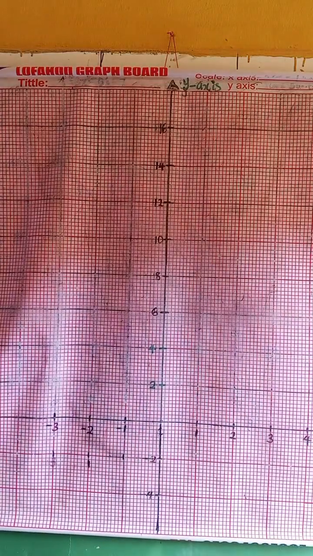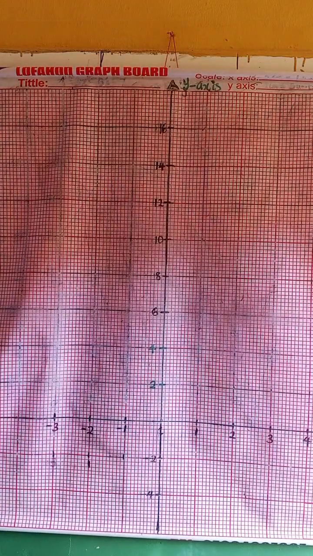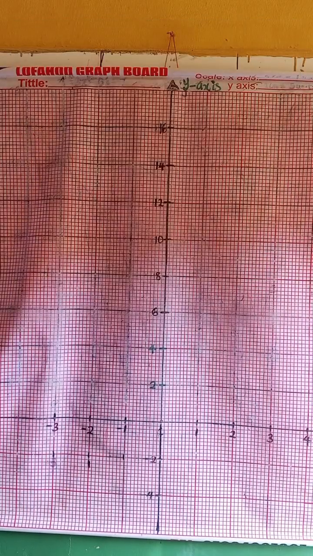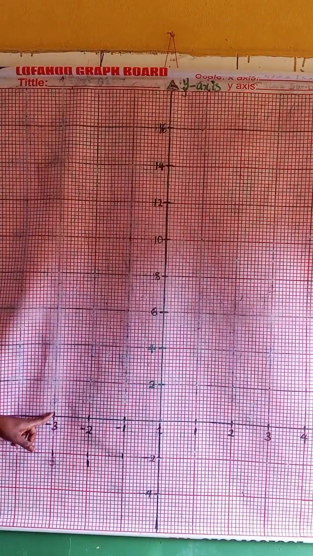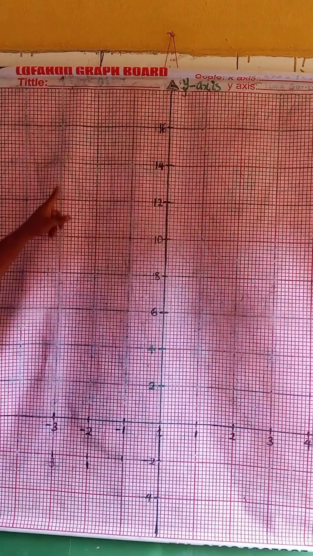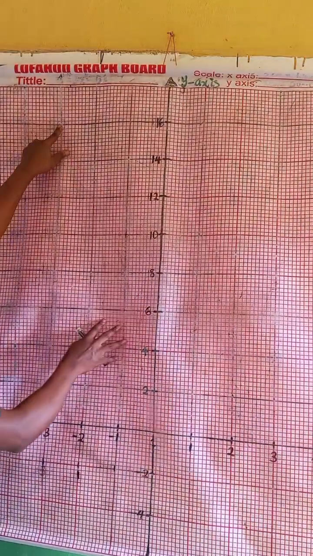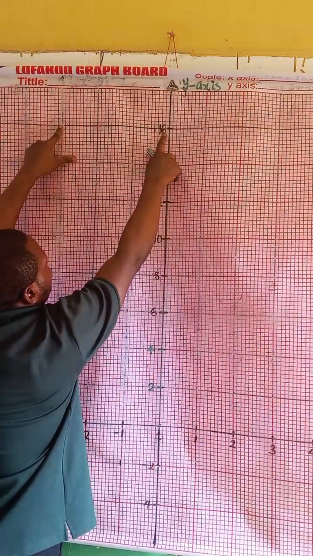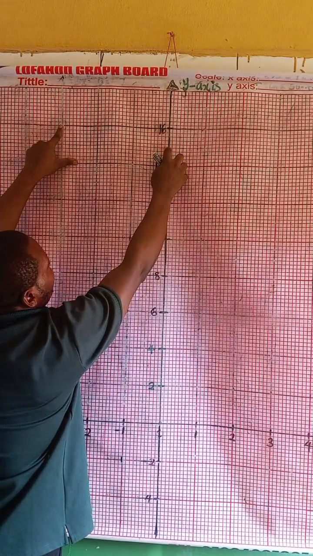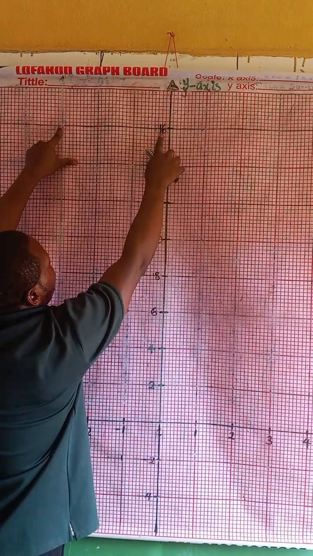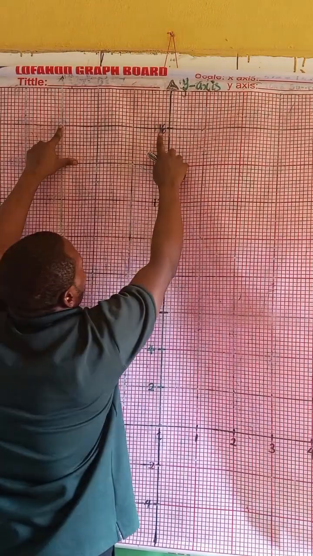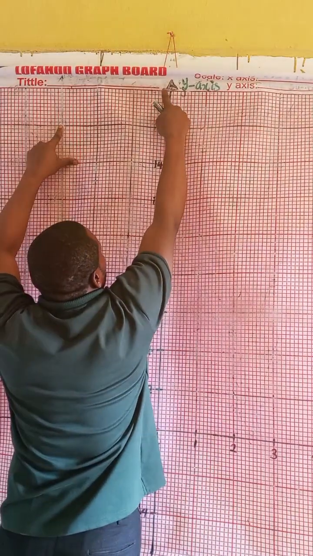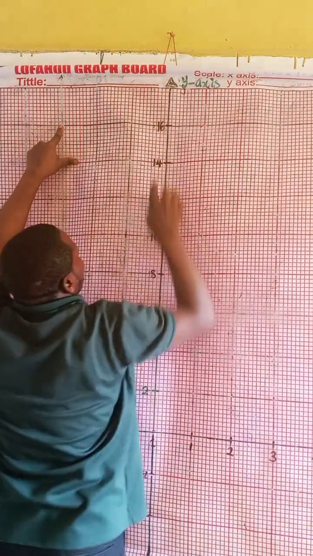The first one says when the value of x is -3, the value of y is 17. So you are going to touch x at -3 and then trace it to y at 17. If this is 14 and this is 16, you can agree with me that 15 is in between 14 and 16, just the same way that 17 will be in between 16 and 18, if I had 18 here.